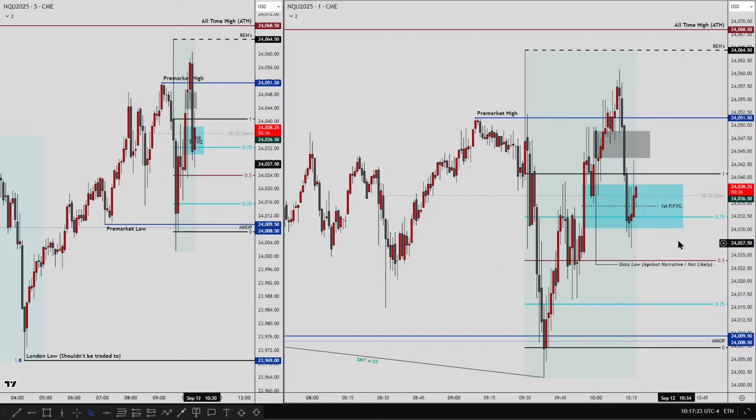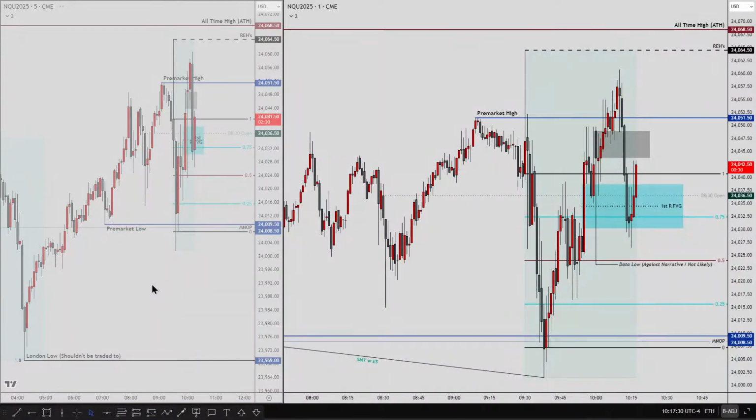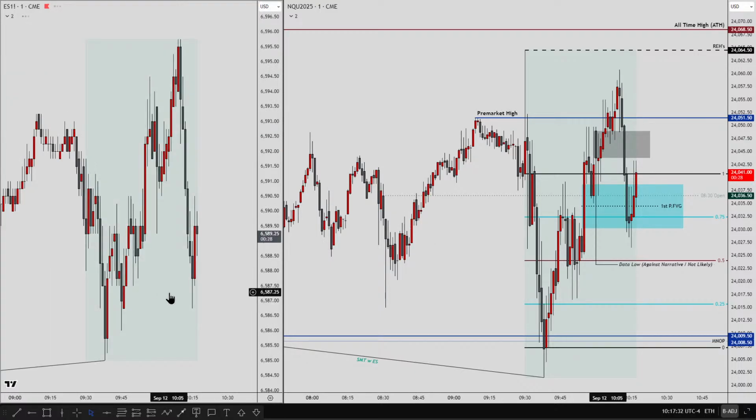ES took the data low. Really. Yeah, that's an SMT as well.